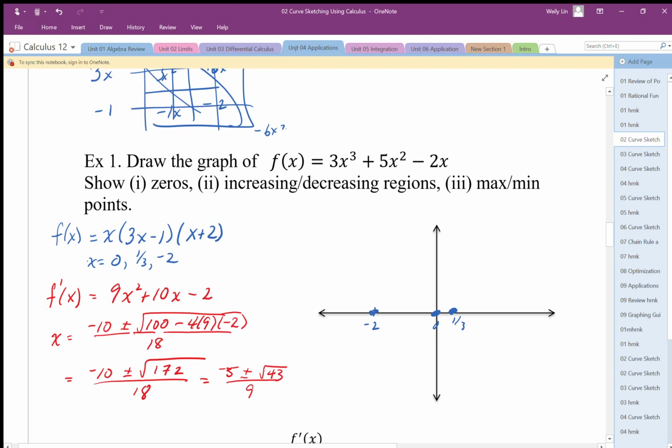So what I did was there's a common factor of 4 in here, which came on the outside, and everything's now divisible by 2. So I get 10 divided by 2, 18 divided by 2, and 2 divided by 2. Okay, so the decimal equivalents for those are approximately 0.17 and negative 1.28. So I'm going to write that down. 0.17 and negative 1.28.